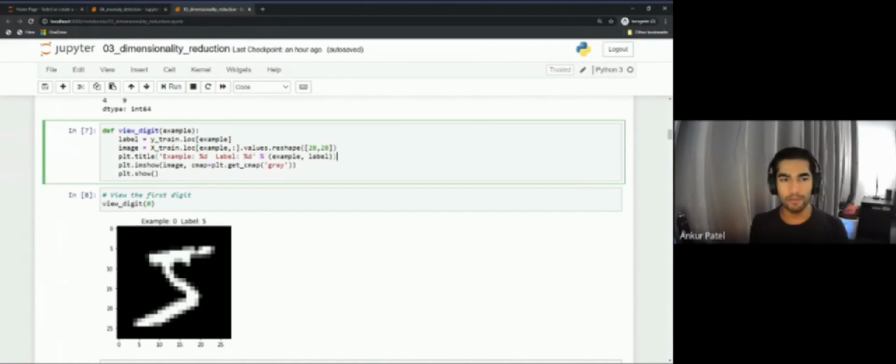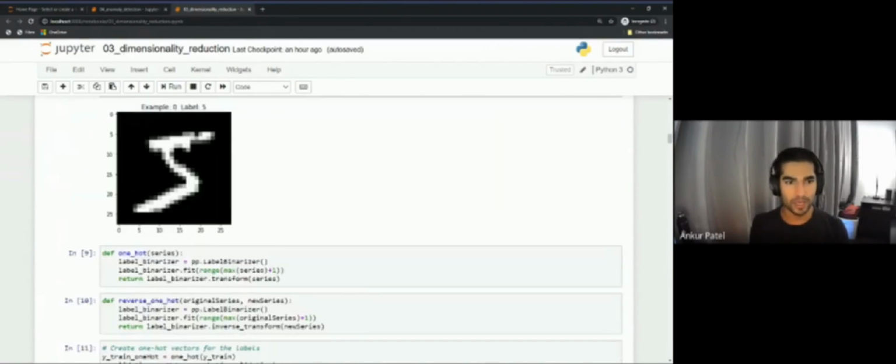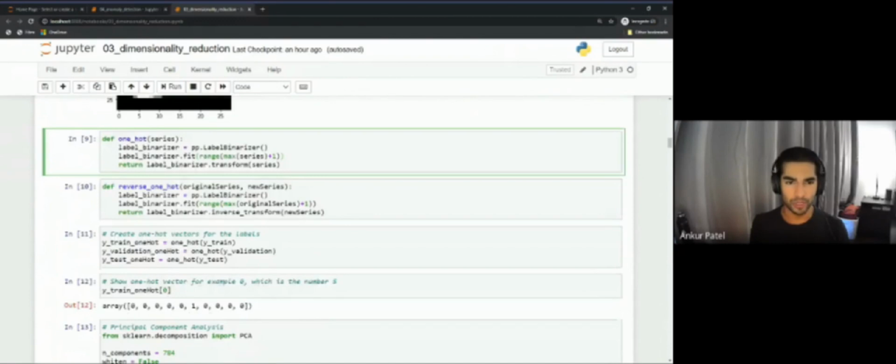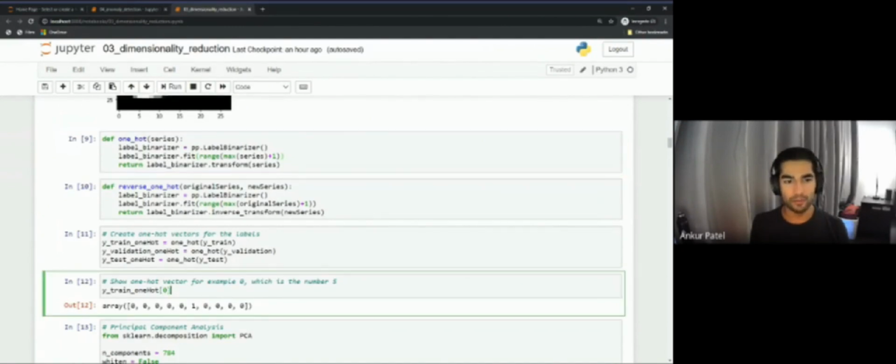So there's some code here to view the digits and to do one-hot encoding, which allows us to train some of the machine learning models and systems that we work on. What we've done is give an array to each and every single digit. In this case, since this is a number 5, the first observation that we saw, the one-hot array here would be 0, 0, 0, 0, 0, 1, designating the digit 5, and the rest of these would be 0.